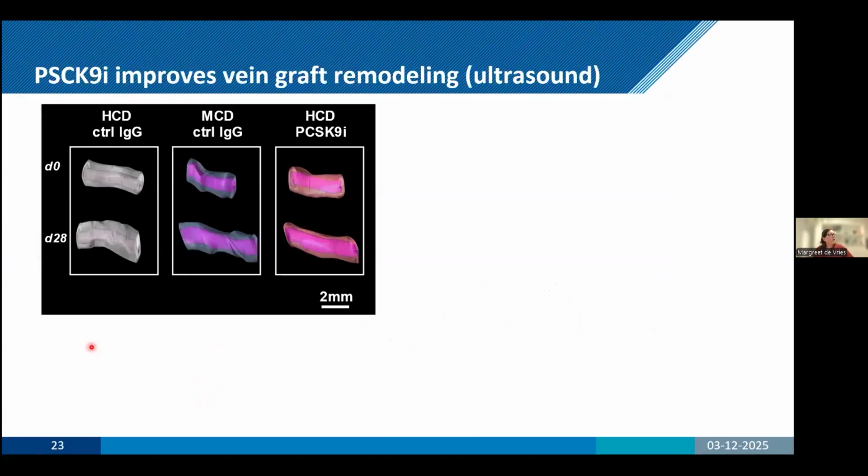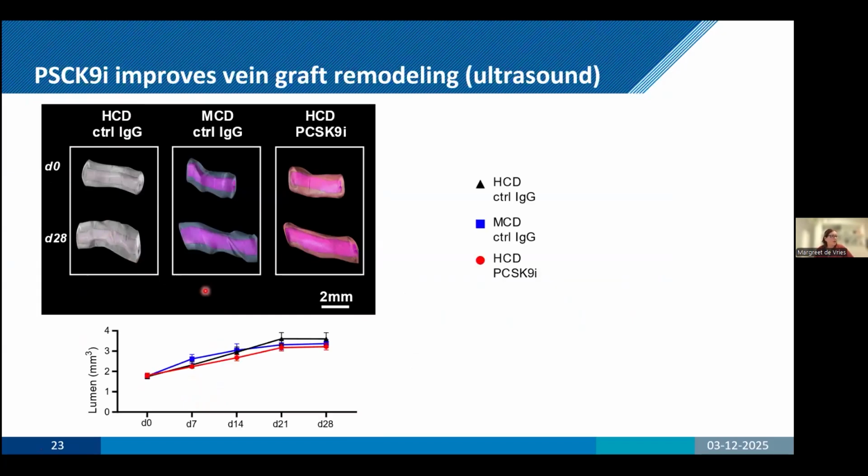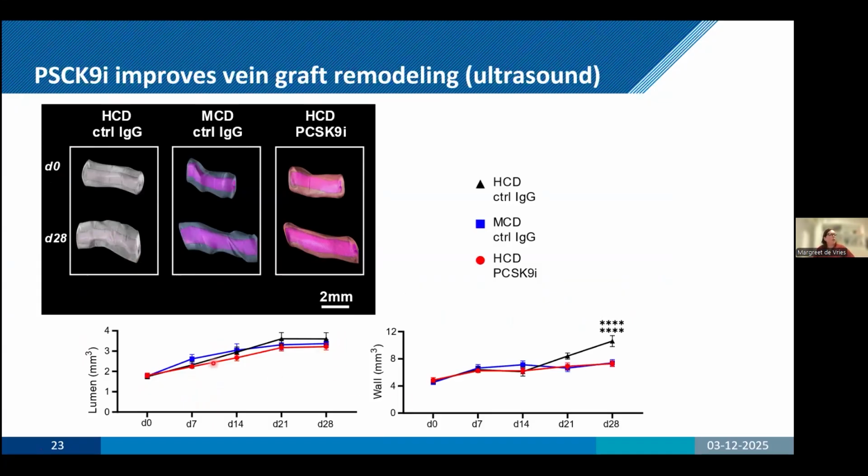So we looked at the effect on vein graft remodeling over time using the ultrasound analysis, and over time we didn't see much differences on the luminal area, but we did see an effect on the vessel wall. So the PCSK9 inhibition group showed a comparable lowering as the mild cholesterol diet group.